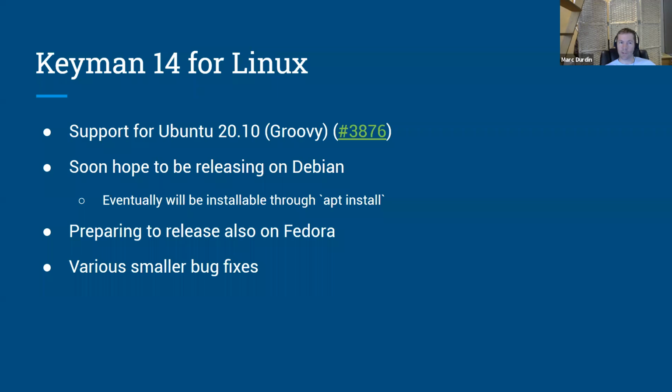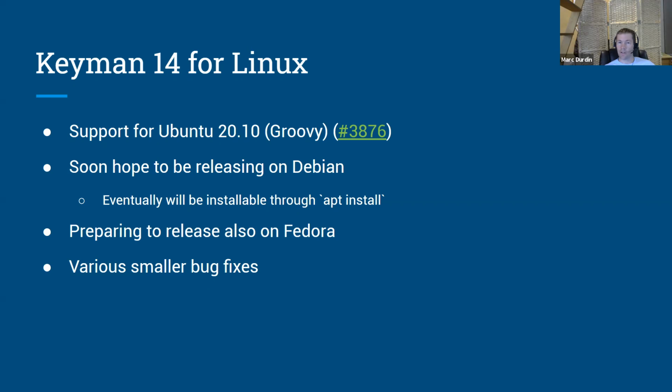He's started the process of integrating into Debian so that we can install Keyman through the Debian packages using the apt install command, which means no need to use the PPA or other acronyms which confound many users. We're also working on releasing it on Fedora.